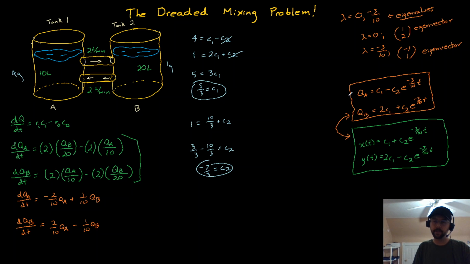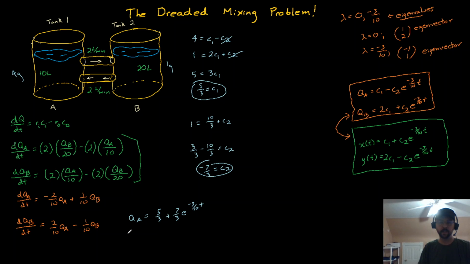So we use this first method here, so I'll write it down here, and I'll keep the Q of A and Q of B so I think it's a little clearer. Q of A equals C1, which is 5 over 3. And then this is minus C2, but this is negative 7 over 3, so we're going to have plus 7 over 3 e to the negative 3 over 10t.